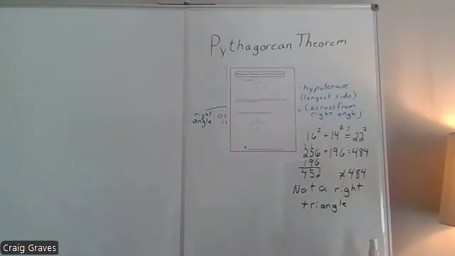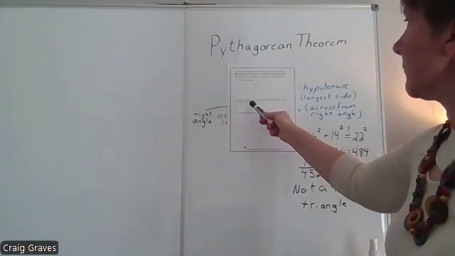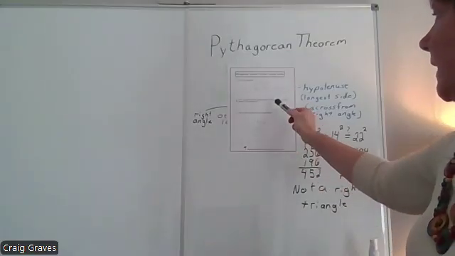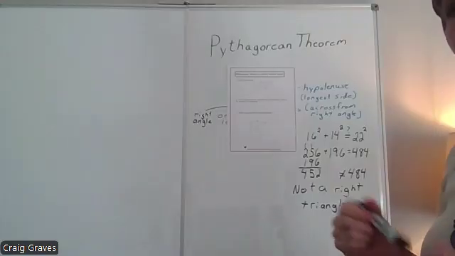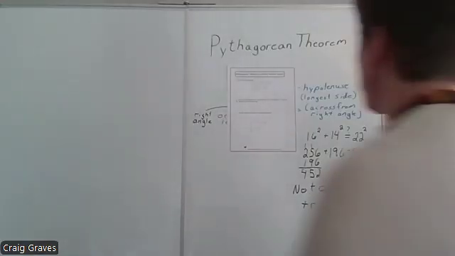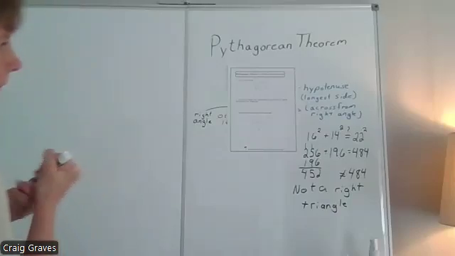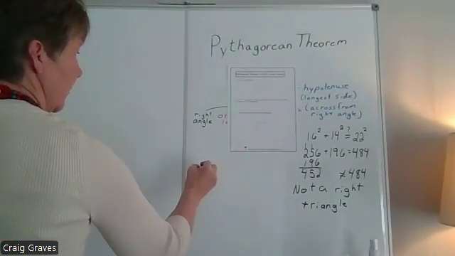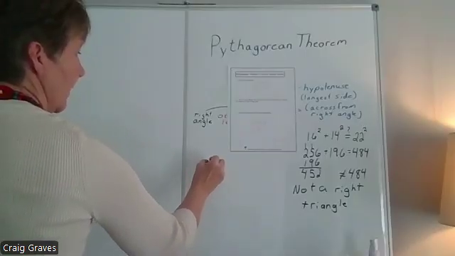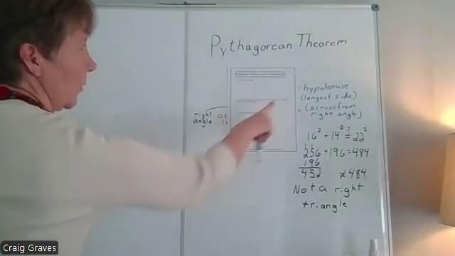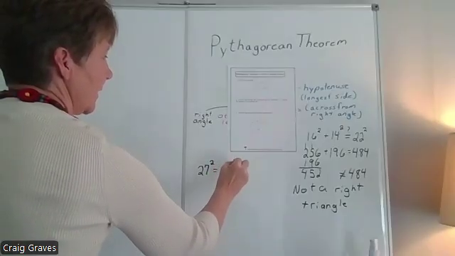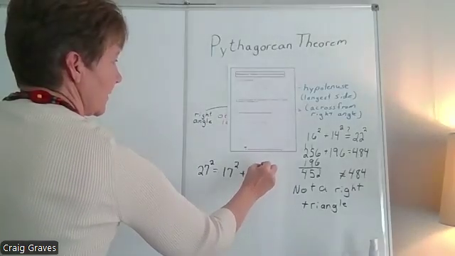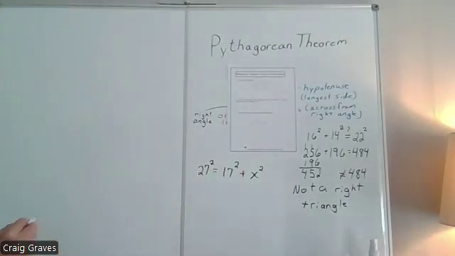All right, the next one here we have, given a right triangle with the hypotenuse is 27 and one of the legs is 17, what is the other leg? Okay, well, we know that the long one squared, so the hypotenuse is 27. 27 squared will equal 17 squared plus the unknown side, x squared.